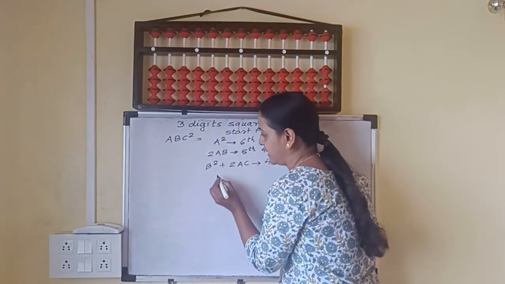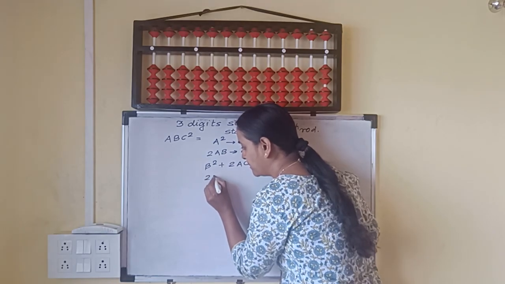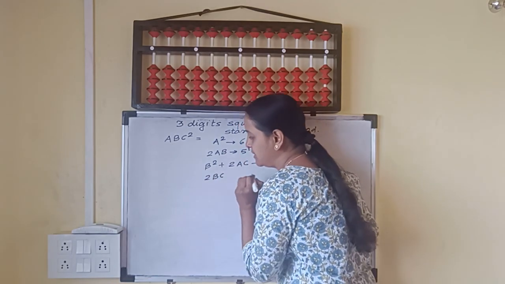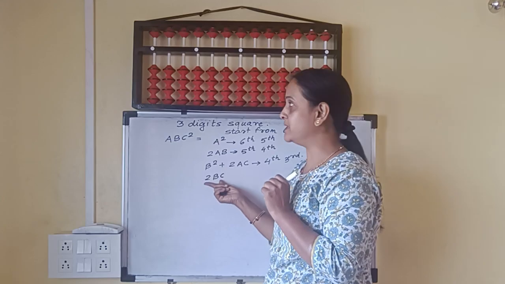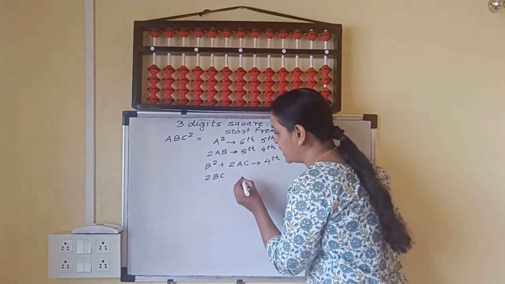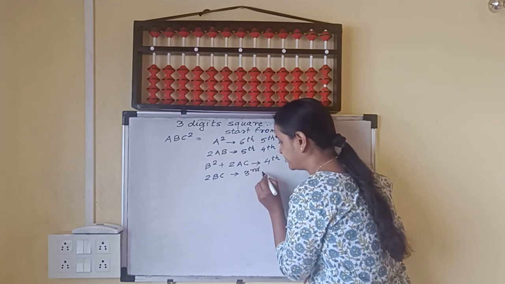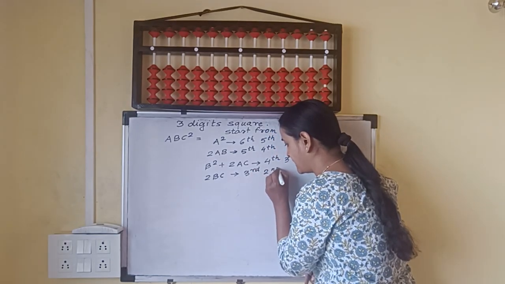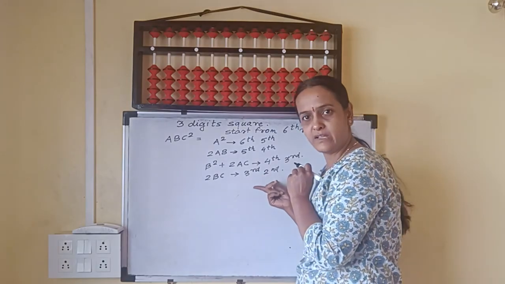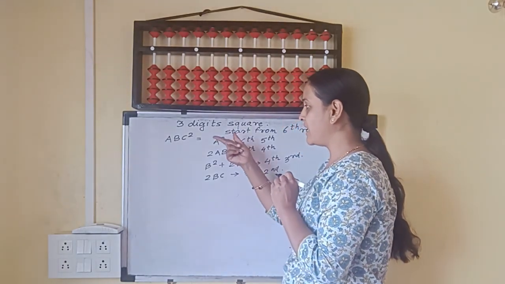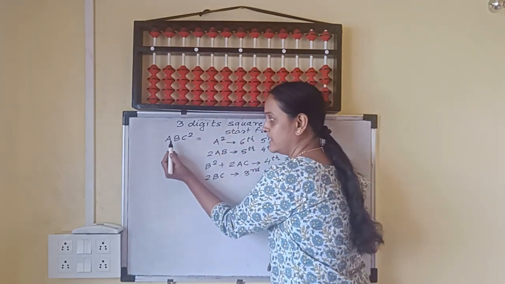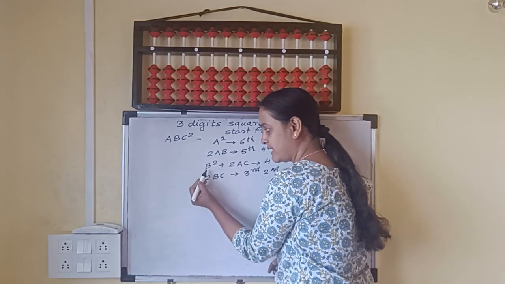What is the fourth step? 2BC, and the answer should be on the third and second rod. The A square is done, B square is also done.